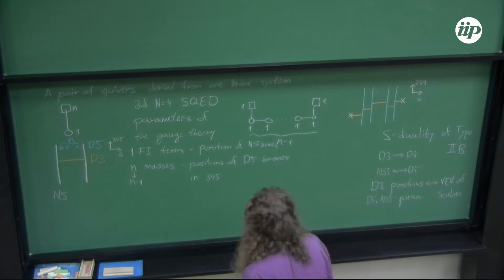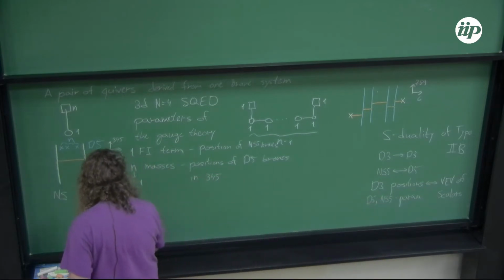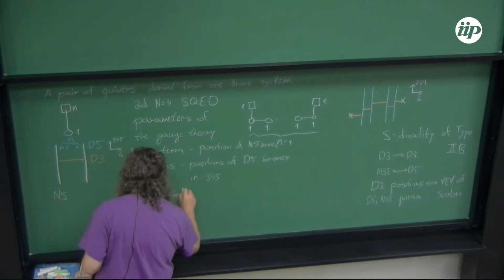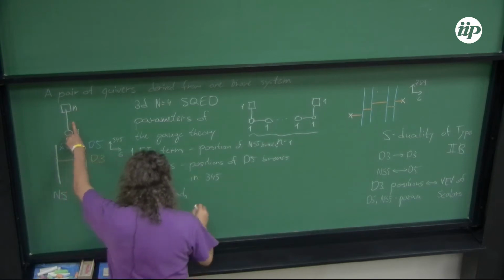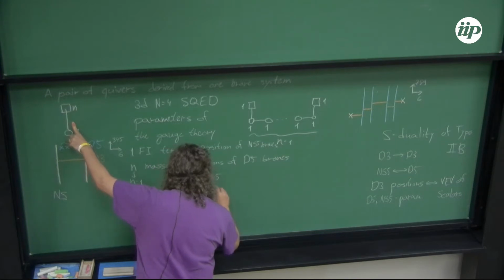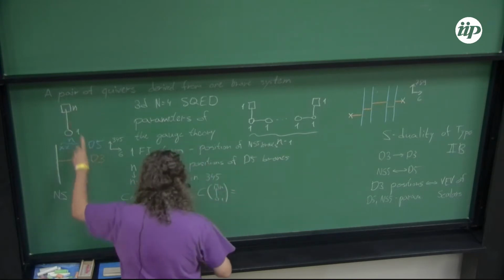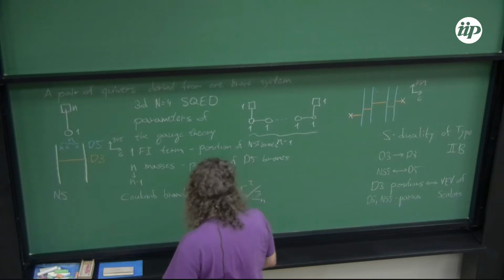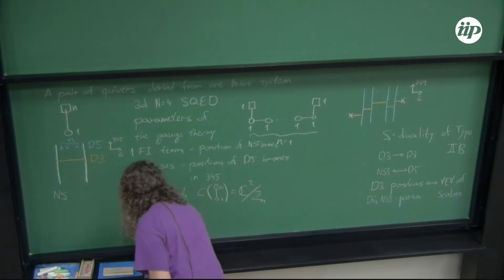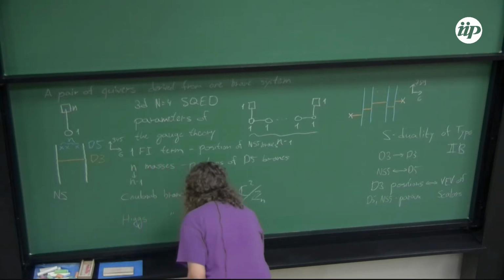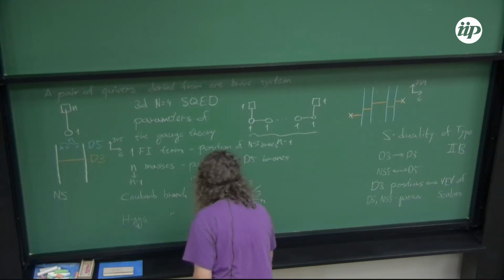Remember from yesterday, the Coulomb branch of this theory, so we will call it the Coulomb branch of the 1n theory, is C2 mod Zn, and the Higgs branch is the closure of the minimal nilpotent orbit of SLn. So that's the Higgs branch.